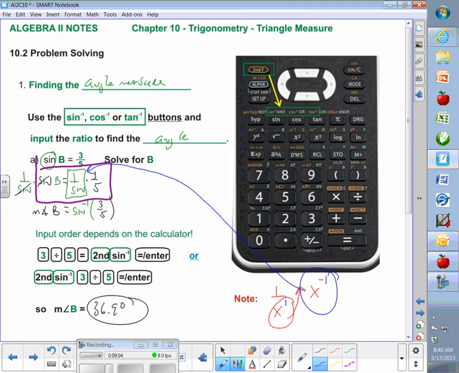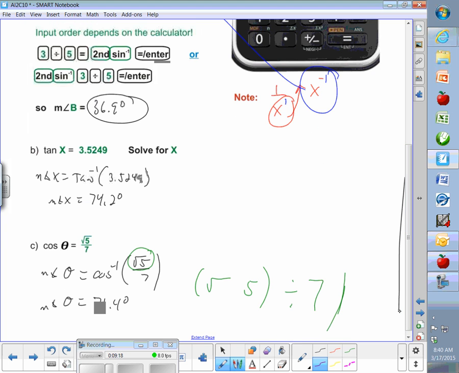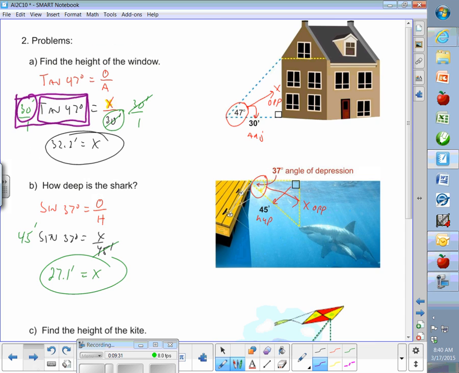And what we have to do is end up with the angle, and we'd say the measure of angle B is sine to the -1 of that ratio. It's exactly where we're at right now. In this second problem down here, again, this will look similar. How do you get to the measure of the angle? Other side is tangent to -1 of that ratio. Okay, so that's exactly what we're going to do right now.